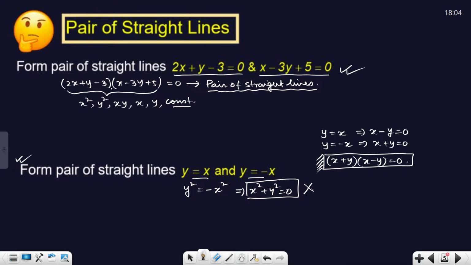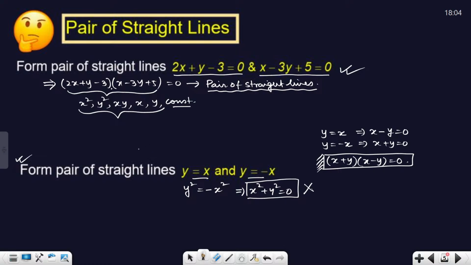Is it clear? Now, one question can eventually come, sir, this equation, if we consider this equation, contains x square, y square, xy, x, y, and a constant. So does it mean that every equation which contains all those terms will represent a pair of straight lines?